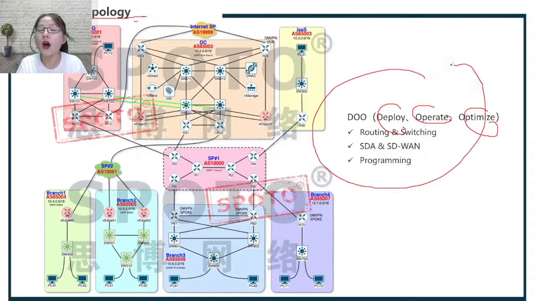These DOO modules include routing and switching, SDN, and programming.